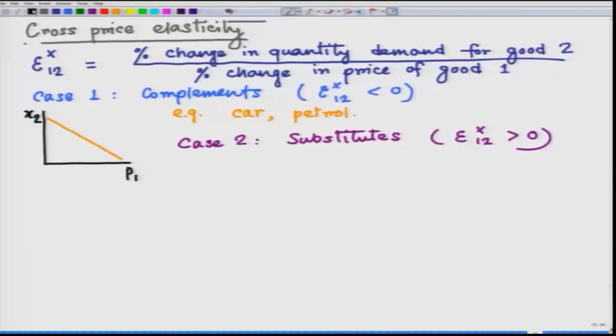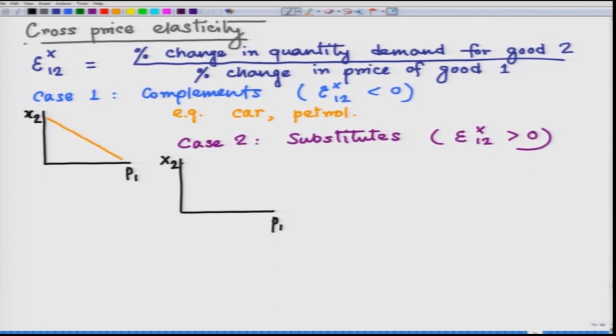So, in that case, what would the graph look like? Let us draw a similar graph to what we drew in the case of complements before. We are going to have P1 and then we are going to plot x2.